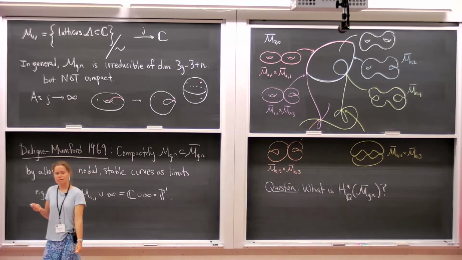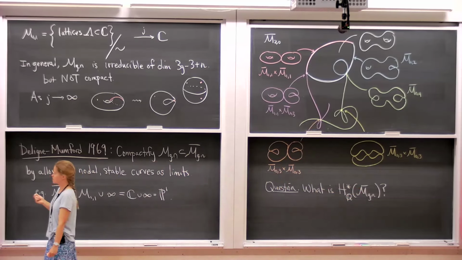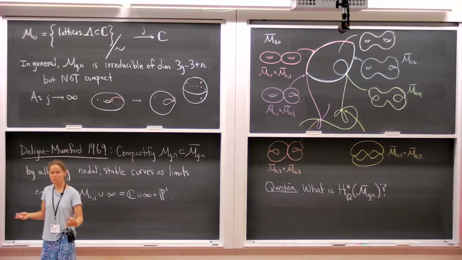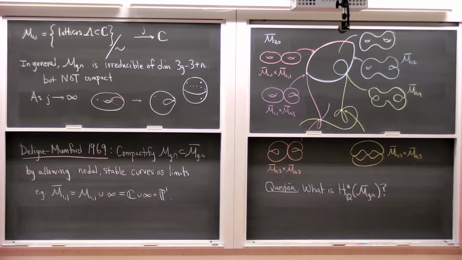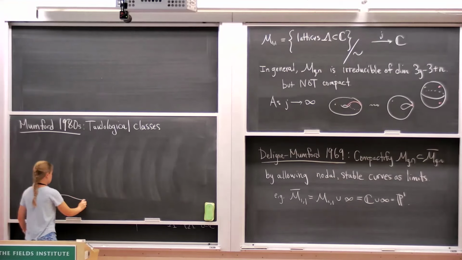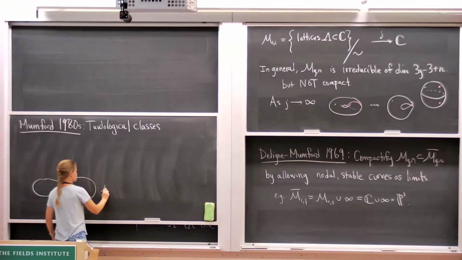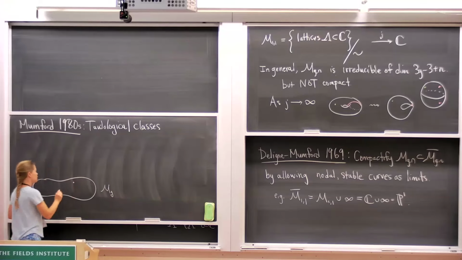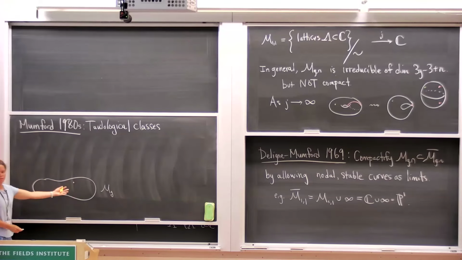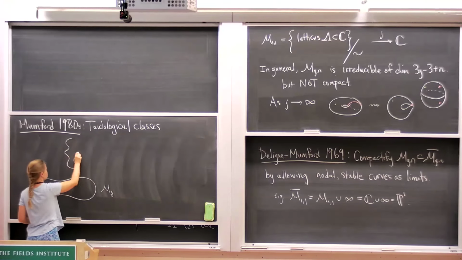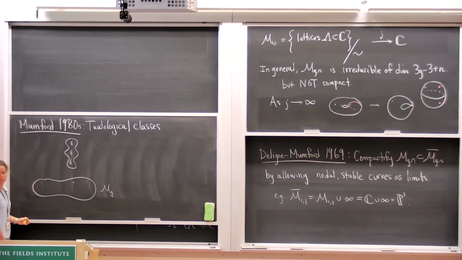So as we were saying, the moduli space, especially as the genus grows, is very complicated. And so it would be very hard to write it down. And more or less, the only thing we really know is that each point in this space, M_g, corresponds to some curve of genus g.